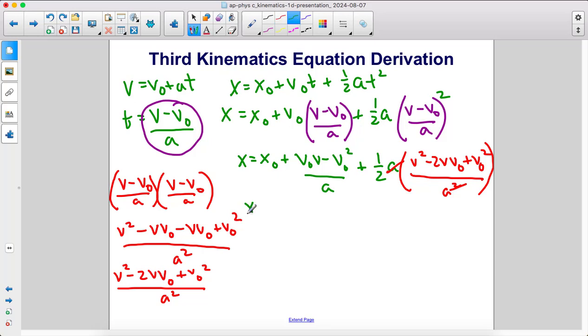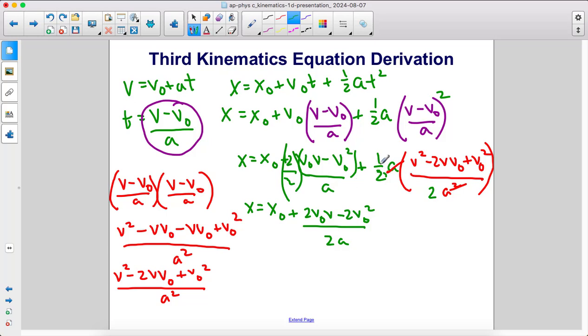So I can combine the numerators. They have a common denominator. So these two terms here, this 2, oh, actually, this 2 ends up down here. So we're going to have to multiply top and bottom by 2 so that they actually do have a common denominator. So that's going to add 2 times this whole numerator. So we have 2 v naught v minus 2 v naught squared over 2a.